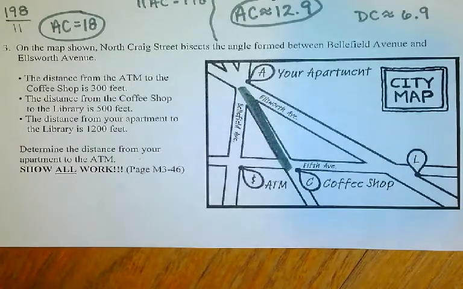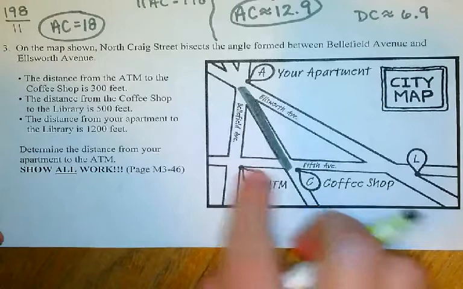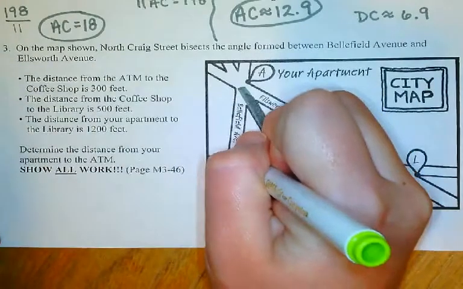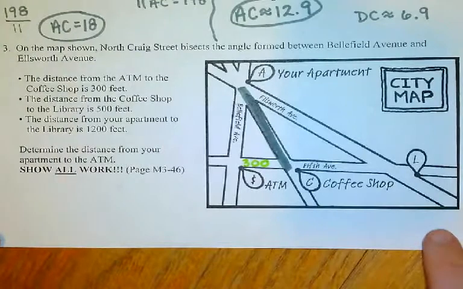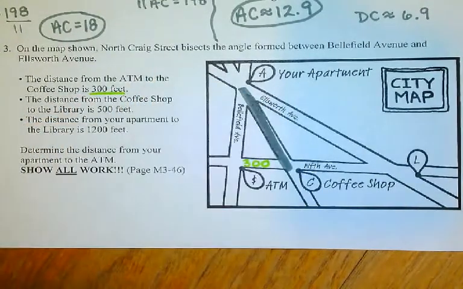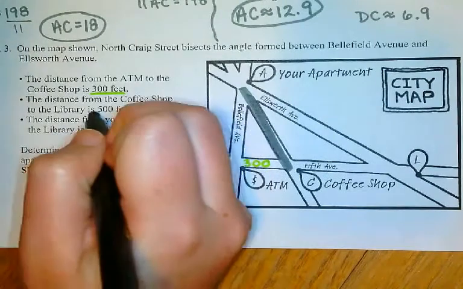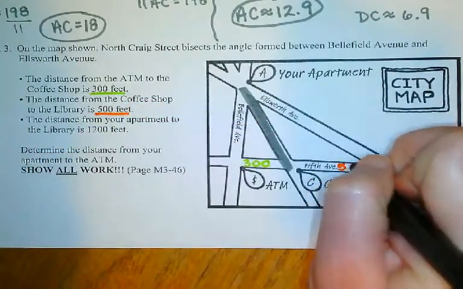Alright? The distance from the ATM to the coffee shop is 300 feet. ATM right here, coffee shop right here, 300. The distance from the coffee shop to the library is 500 feet. Library, that's the L. So this other side is 500.